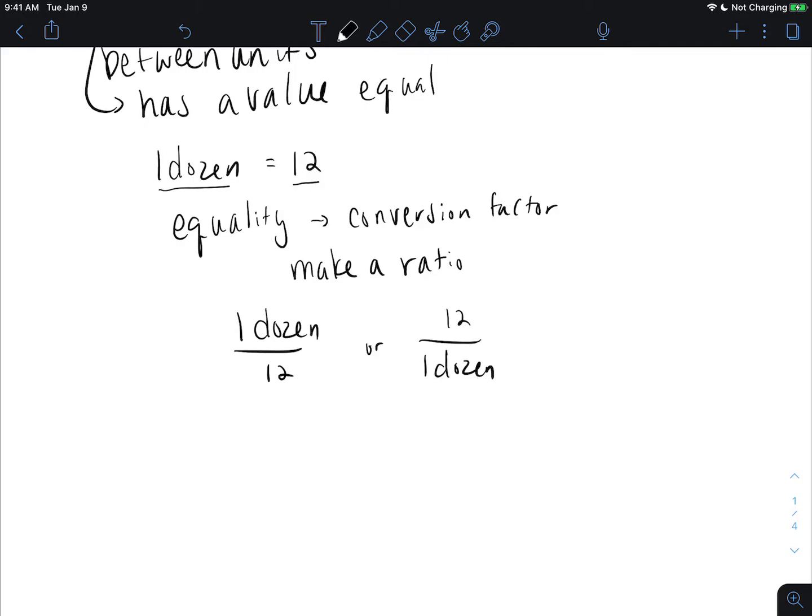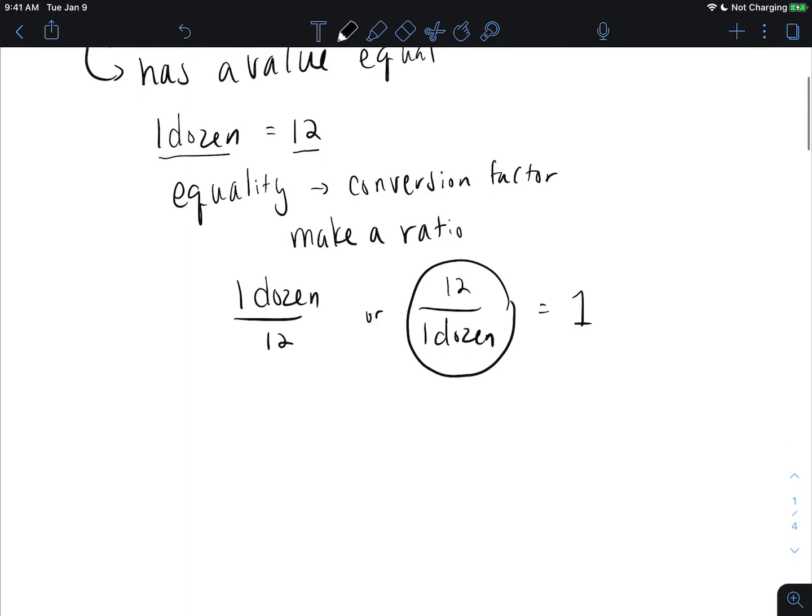And because they are equivalent, they are both going to be equal to 1. And hopefully we remember from math that anytime we multiply or divide by 1, we are not going to change that value. So we can multiply and divide by 1 however much we would like, and multiplying or dividing by a unit converter or a conversion factor is the same as multiplying or dividing by 1.